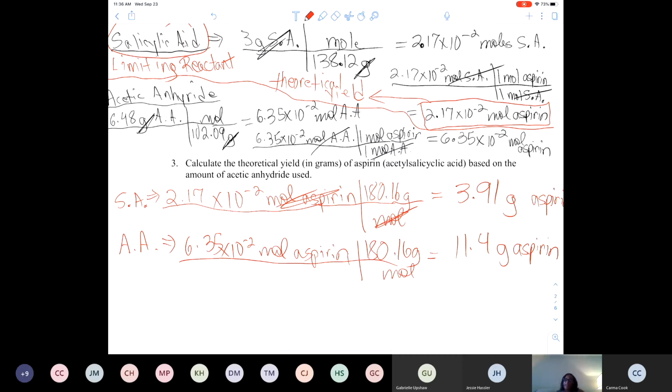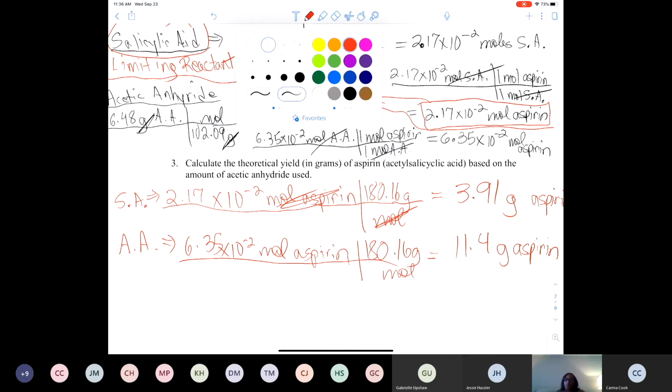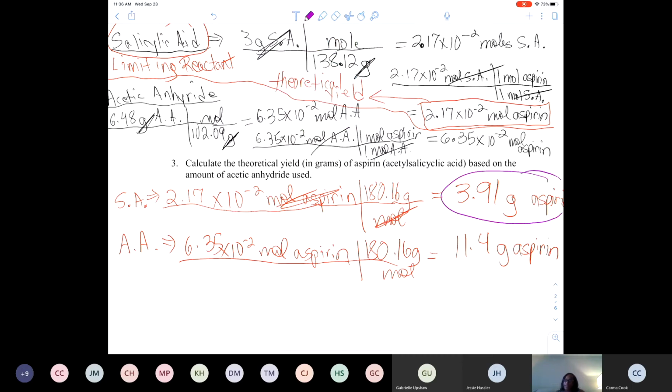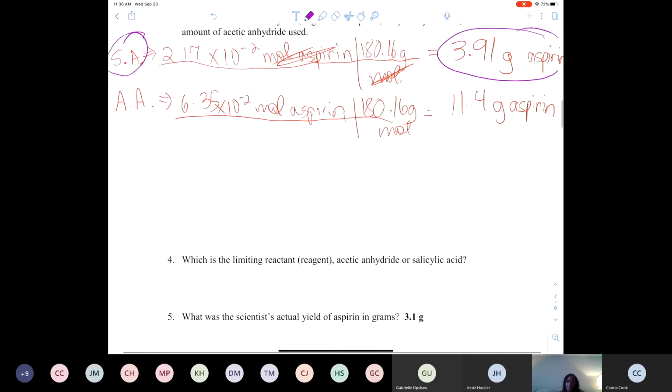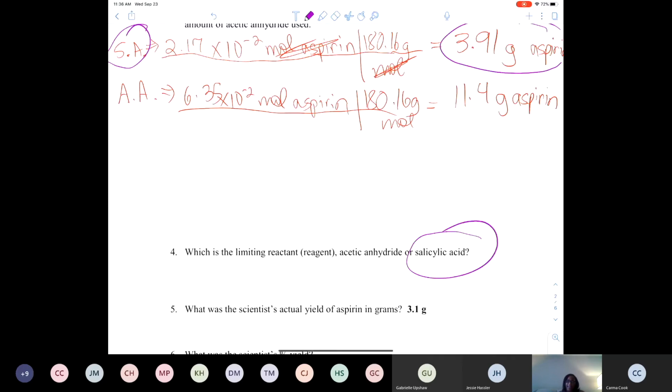So even in converting it to grams from moles, we clearly see that salicylic acid is our limiting reactant because it's going to produce the smallest amount of product. It's going to limit the amount of product that we can make. Okay? And so we answered that question. Salicylic acid is limiting.